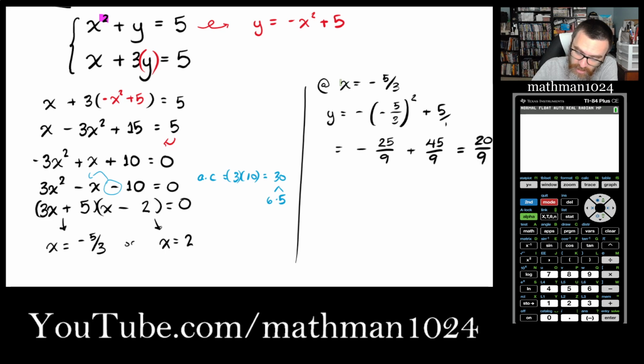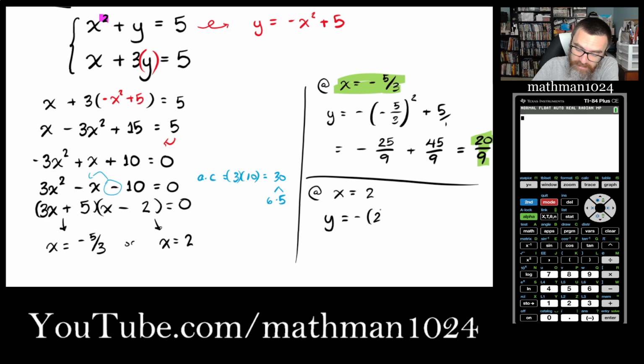All right, so I plugged in this value for x, and I get this value for y. Now if I look at the other one, when x equals positive 2, y equals negative, parentheses 2 squared, plus 5, so negative 4 plus 5 equals 1. So we plug in 2, and we get 1.